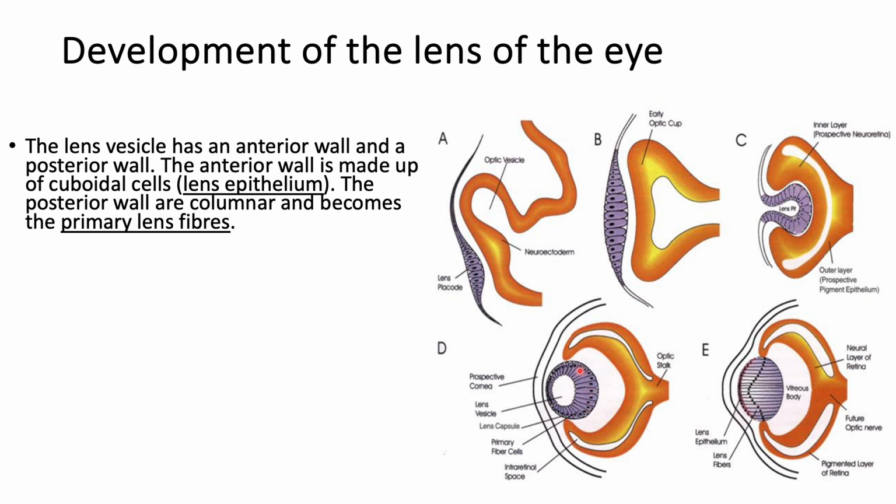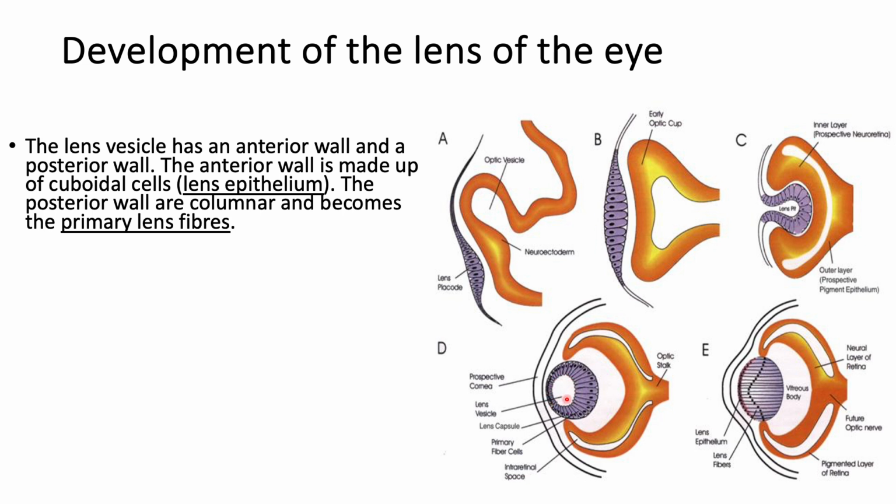If you have forgotten your basic histology, go and look at the video on epithelium to refresh your mind. So you have columnar cells, as you can see, and cuboidal cells. So that is how the lens begins its maturation.